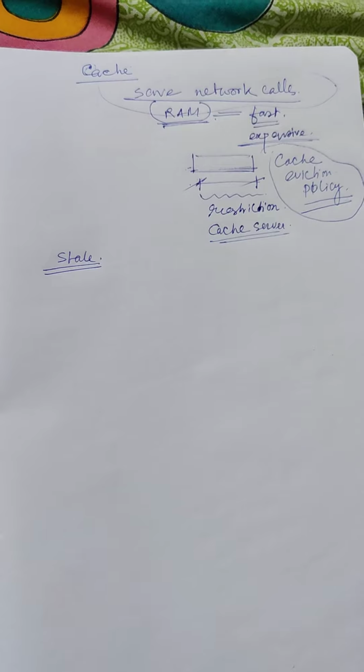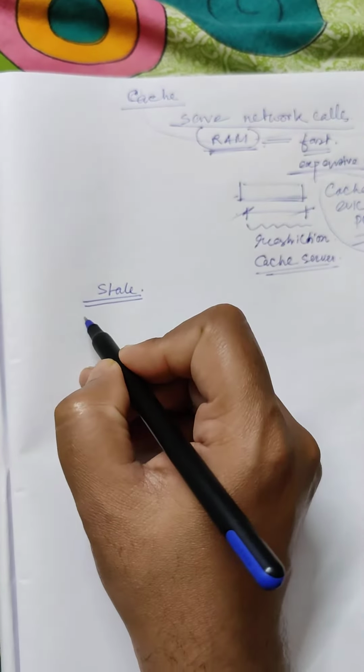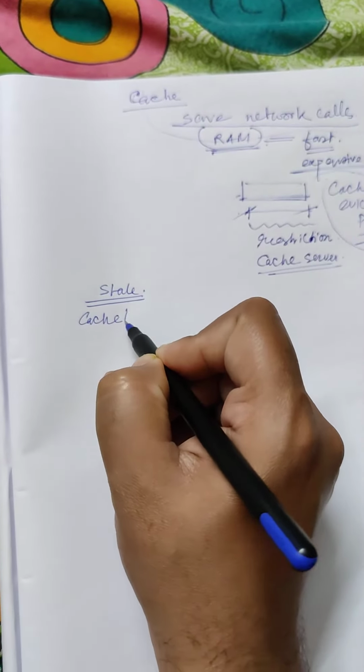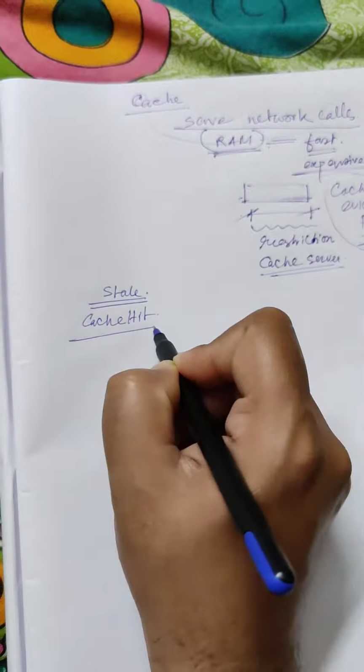How and why? We will look into that more in this lecture. It actually depends on how we are updating our cache. But before that, we would like to understand what a cache hit is.